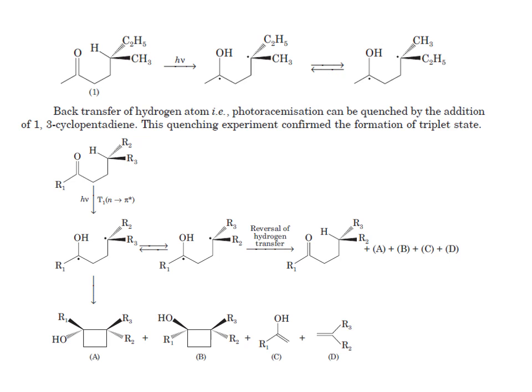This number one is an optically active ketone, and when this optically active ketone undergoes racemization, the racemization confirms the 1,4 biradical reaction intermediate, and this also confirms the back transfer of the hydrogen atom, that is, the reversal process.